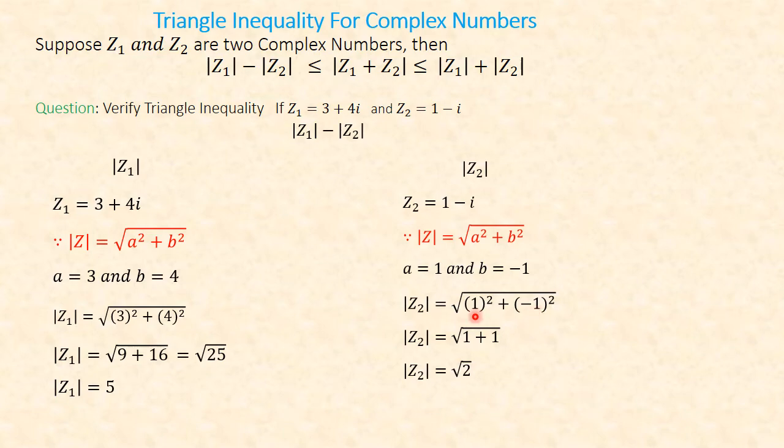Now the value of 1 square is 1 and the value of minus 1 square is also 1, because minus 1 into minus 1 is 1. 1 plus 1 is 2, that is, modulus of z2 is square root of 2. Now we'll subtract mod of z1 minus mod of z2 and that becomes 5 minus under root 2. So modulus of z1 minus modulus of z2 is equal to 5 minus under root 2.